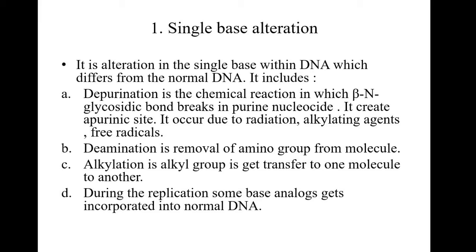It is the removal of an amino group from the molecule. The alkyl group is transferred from one molecule to another molecule, which is alkylation. In the process of replication, some base analogues get incorporated into the normal DNA, so it causes damage.